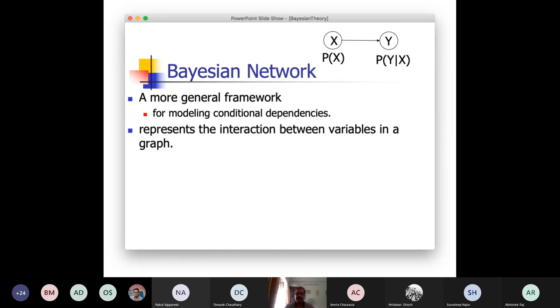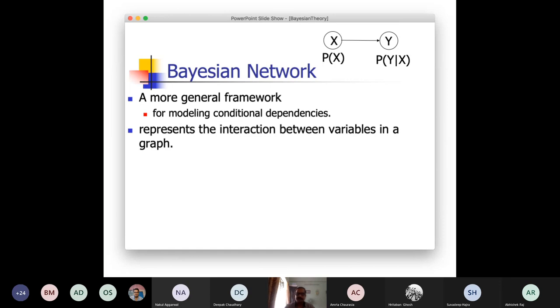So today we'll discuss a very brief overview of this network, properties of this network, and how the inference mechanism takes place under this network.